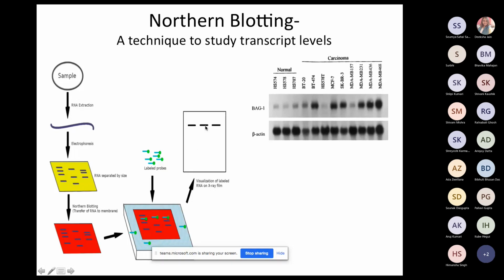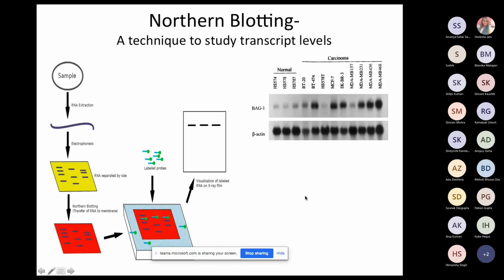And we take care that this probe binds very stringently only to your gene and not to other RNA present here, by giving highly stringent conditions and washes. Then you expose your membrane to an X-ray film, and what we will get are these black bands, on the basis of which we can come to a particular conclusion.